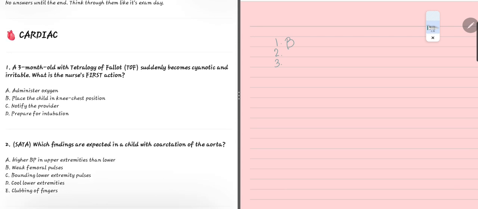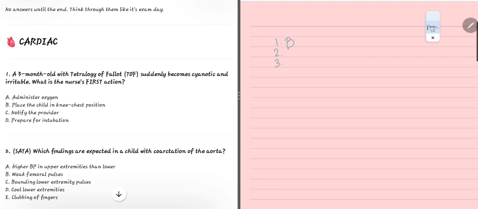Okay. Number 2. Select all that apply. Which findings are expected in a child with coarctation of the aorta? A. Higher BP in upper extremities than lower. B. Weak femoral pulses. C. Bounding lower extremity pulses. D. Cool lower extremities.